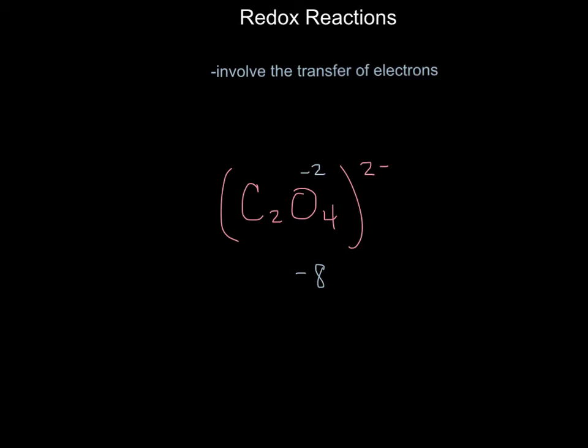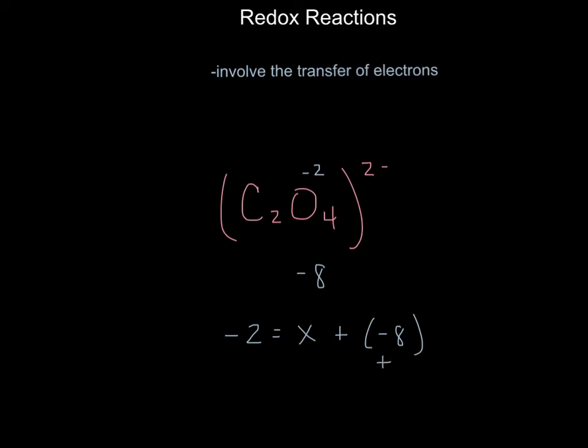So essentially, I can set this up algebraically by saying -2, the overall charge of the molecule, equals X, my overall charge of my carbons, plus -8, the overall charge of all of my oxygens. So I need to figure out what the charge on X needs to be.